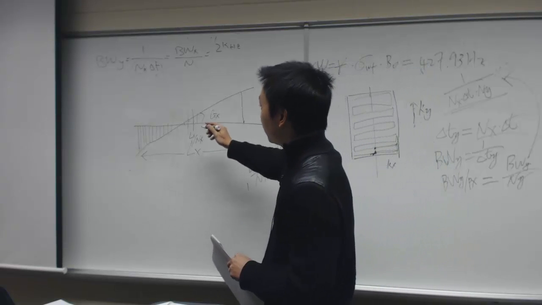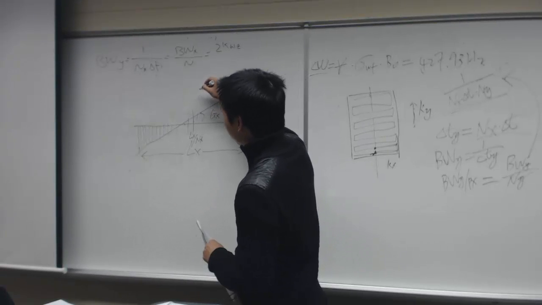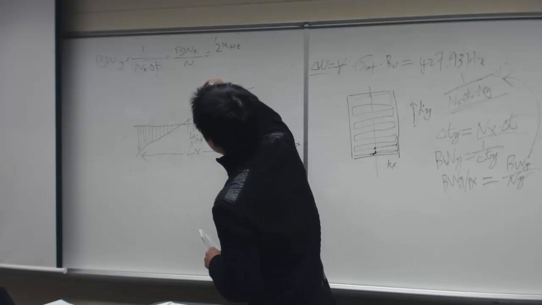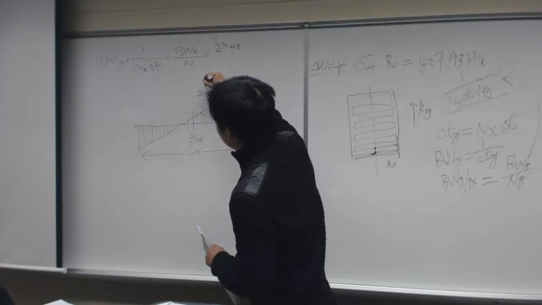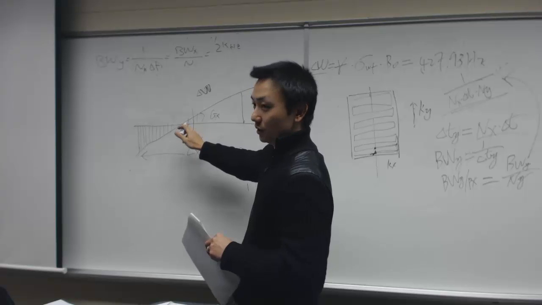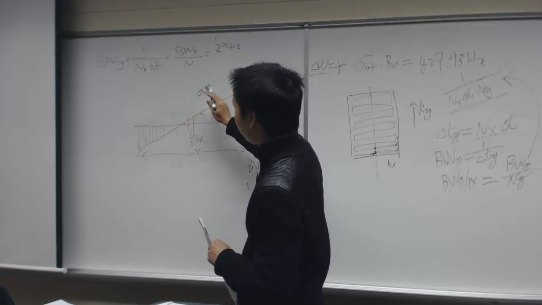Right. So if there is a frequency shift of delta omega, how many voxels is it?